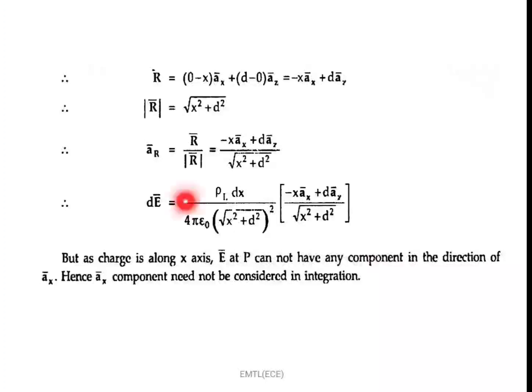dE bar is equal to rho L dx by 4 pi epsilon naught mod of R square, that is the square of the square root of x square plus d square, and aR bar, that is minus x aX bar plus d aZ bar by square root of x square plus d square.